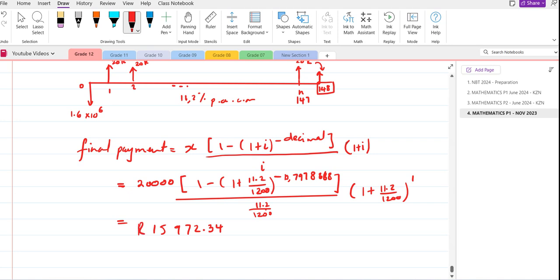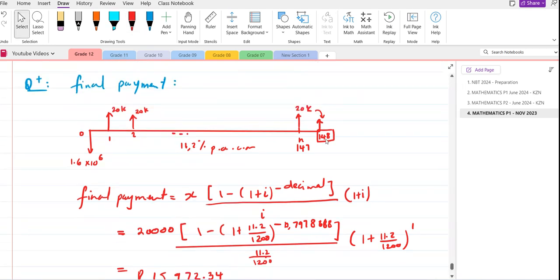Or is there another way to work it out? Yes, there is. You can call the final payment Y. Present value all these 147 payments and equate it to 1.6 million.